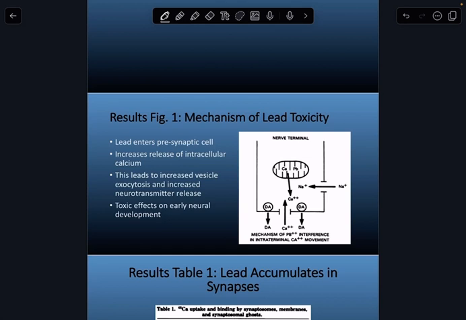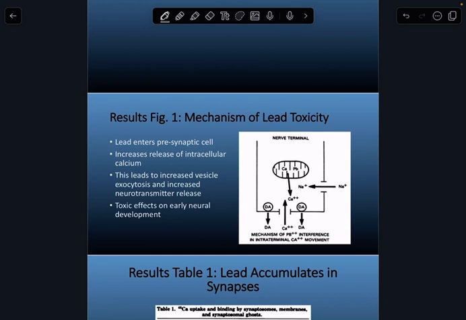This is how lead damages neurons. So right here we have a synapse. This is a nice square synapse. This is the presynaptic terminal. So lead enters the presynaptic terminal, that is Pb. It increases the release of intracellular calcium. So this is the sarcoplasmic reticulum, which is a storage place for calcium in the cell.